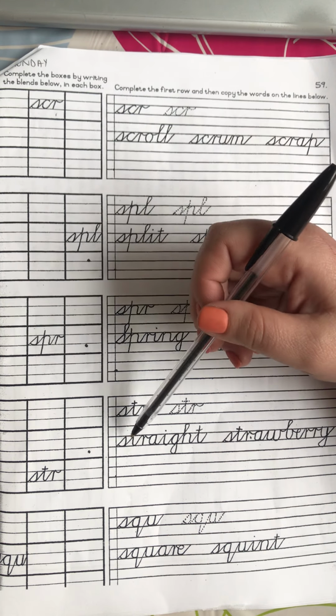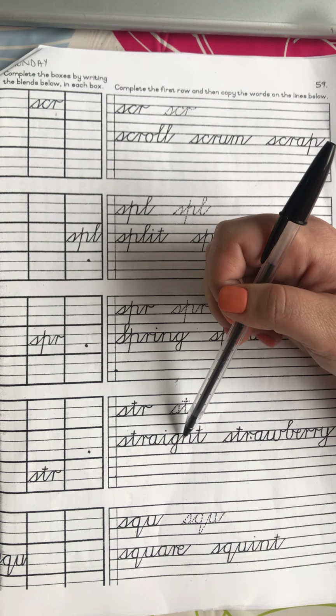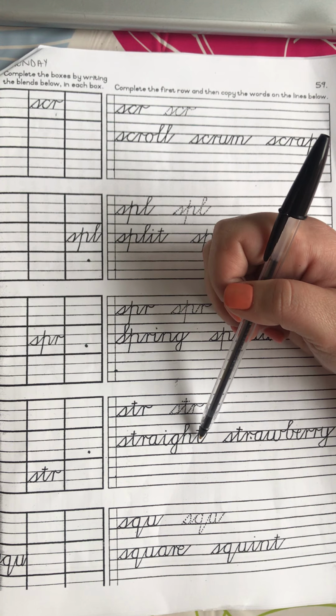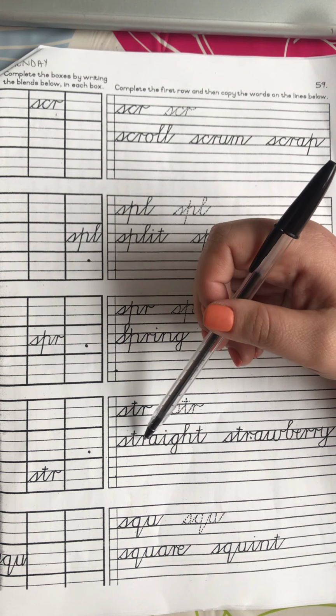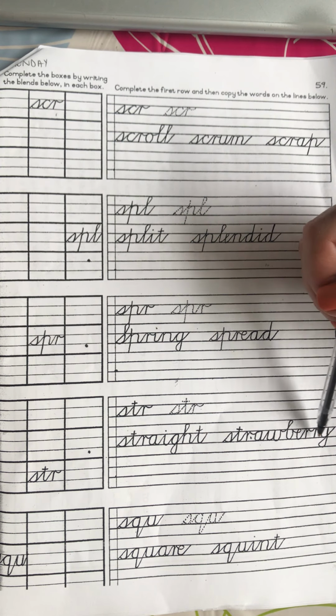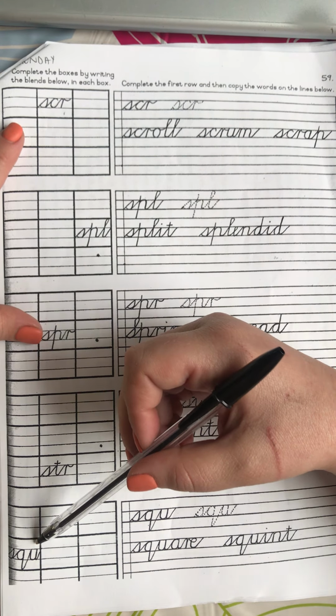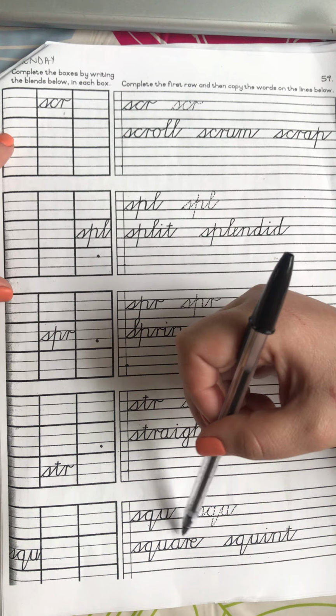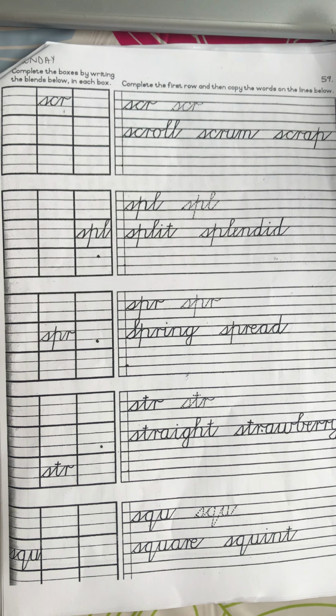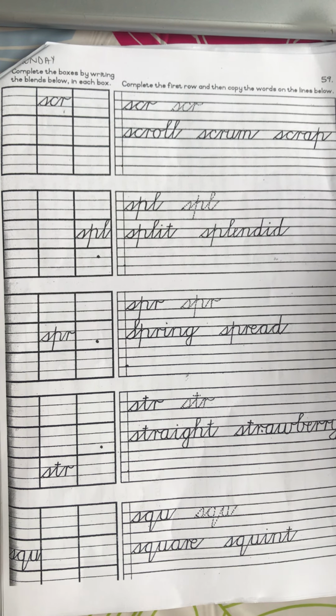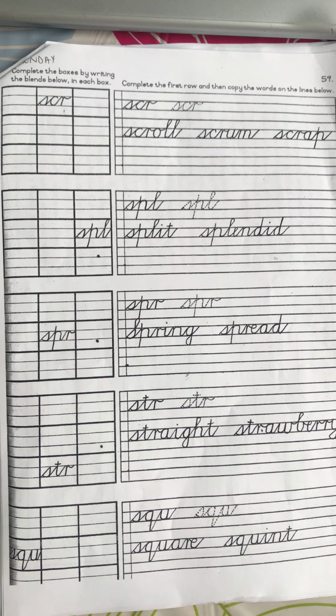All right. This word is straight. It has the g-h-t at the back, like the 8 or like night. So straight and strawberry. Last sound is squa. Try and read these two. These words are square and squint.